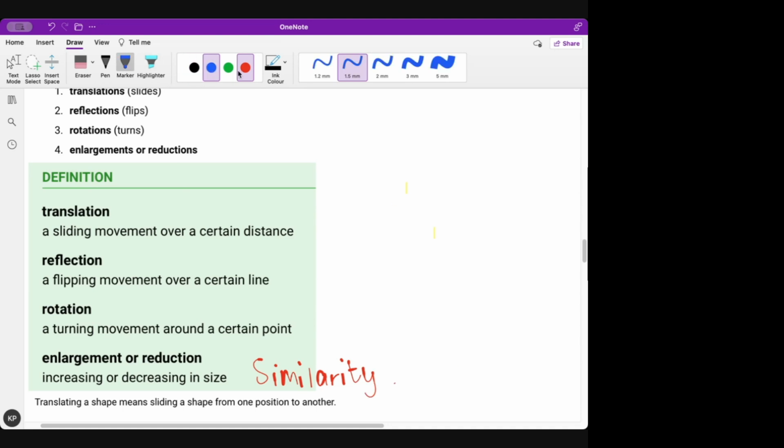Okay, but speaking of what Maureen has brought up here, translations, reflections, and rotations will all be congruent shapes. Are we with me? So it is the same shape that you are just moving.